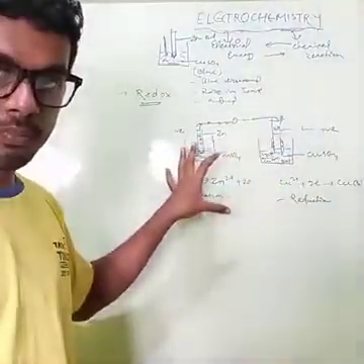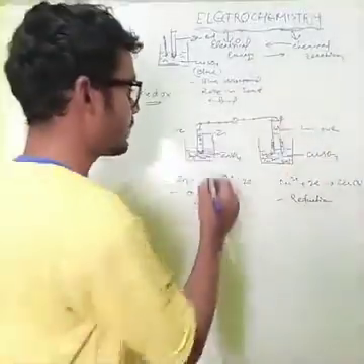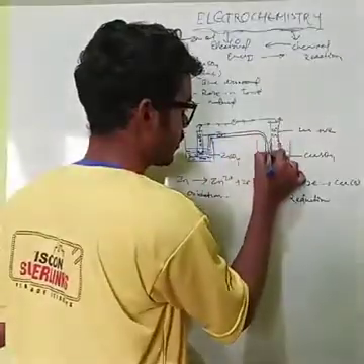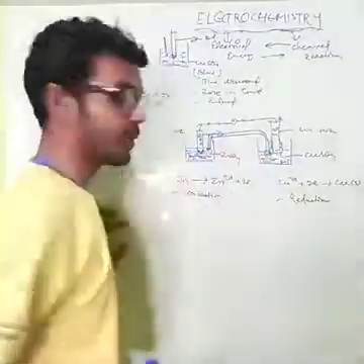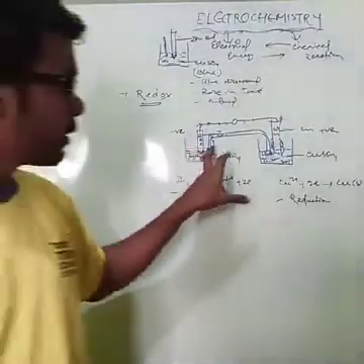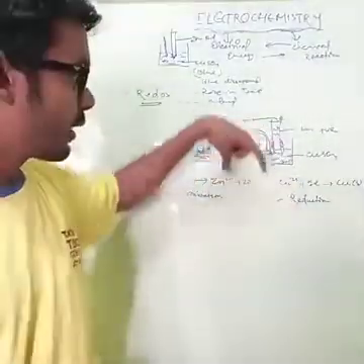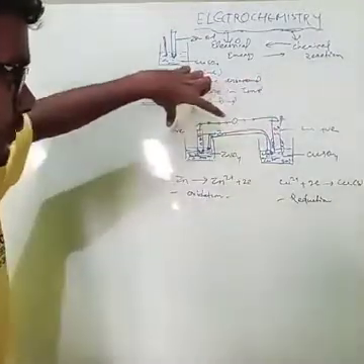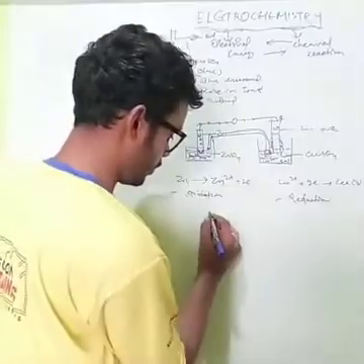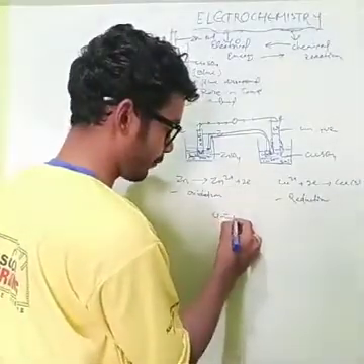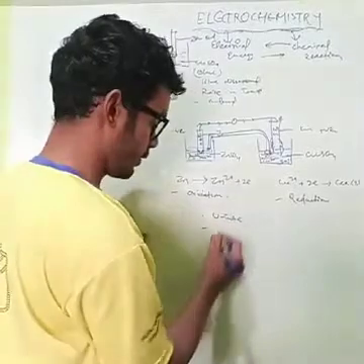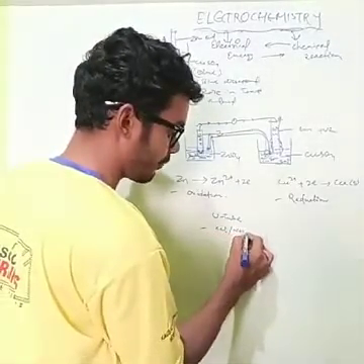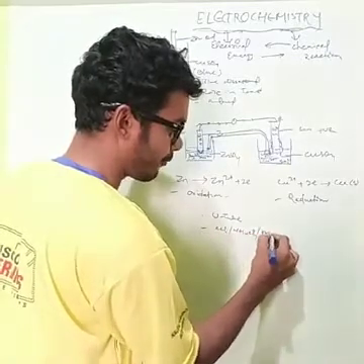Okay. So this cell is connected by a salt bridge. I'll tell you what a salt bridge is, what its function is, everything. This is what is known as a salt bridge, an inverted U tube, which contains electrolytes, maybe KCl, NH4Cl, agar.